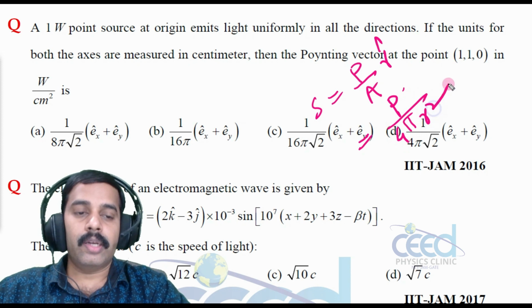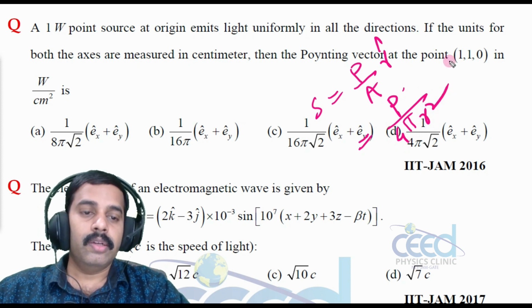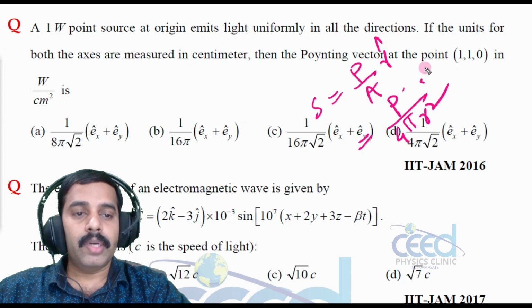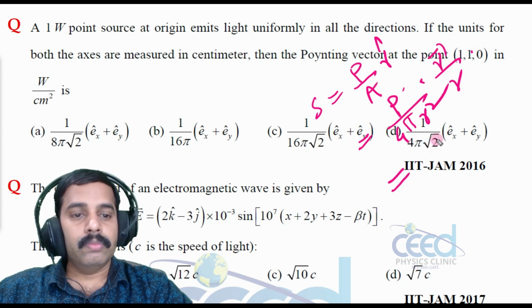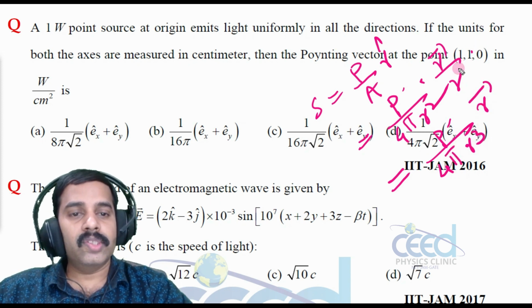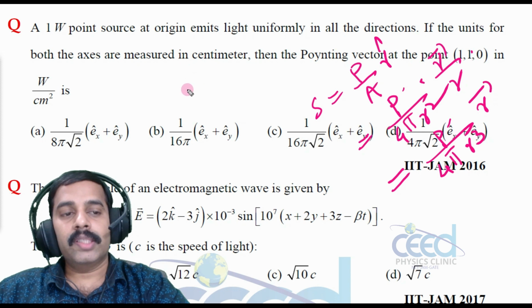4 pi r square. It is radiating on all sides which has a spherical symmetry. And what is r cap? R cap is equal to a vector divided by its modulus. So that is P divided by 4 pi r cube times r vector. Now this is the position vector. So what is r vector?